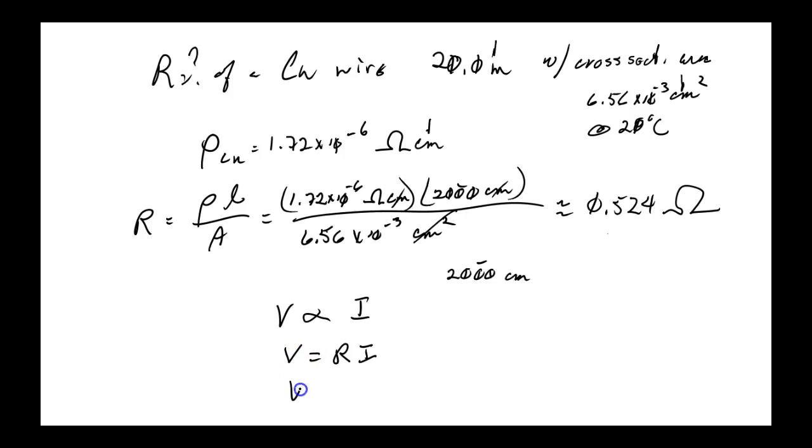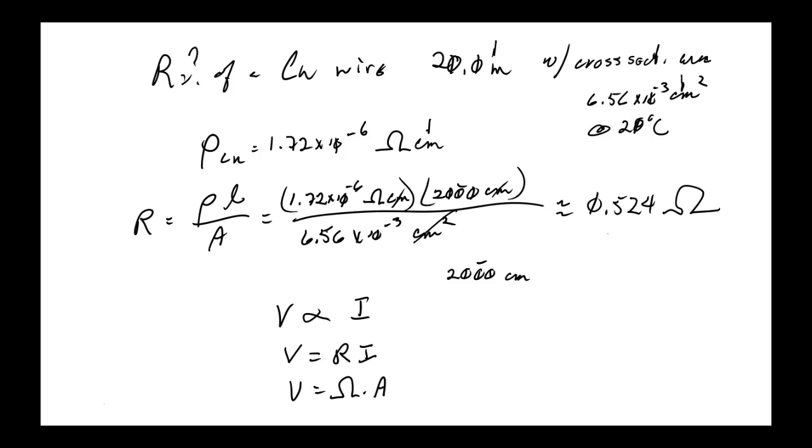The units are volts, equal to ohms times amperes. The symbolic parameters are V equals IR, or RI. Usually it's written IR. The units are voltage in volts equal to current in amperes times ohms, which measures resistance. Okay? That's Ohm's law.